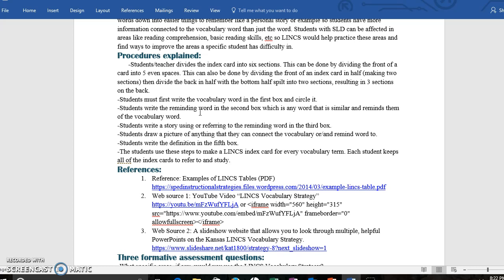Students draw a picture of anything that they can connect the vocabulary and or remind word to. Students write the actual factual definition in the 5th box. The students use these steps to make a links index card for every vocabulary term that they're supposed to know. Each student keeps all of the index cards to refer to and study.